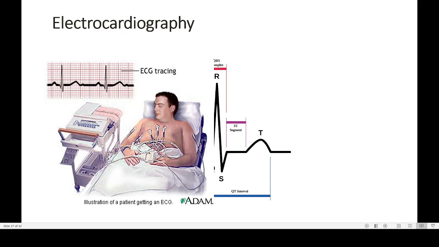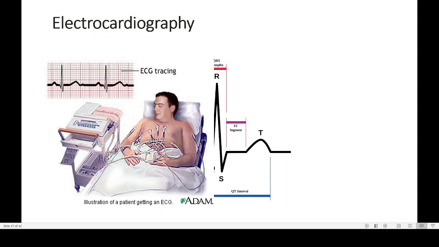Then we can see another thing, the PR interval, that is between the start of the P wave and the R wave, there is a length of the graph that is known as the PR distance. Another is the ST distance, between this lower depression known as S and the beginning of the T wave. There is a gap. The distance of that gap is known as the ST distance.